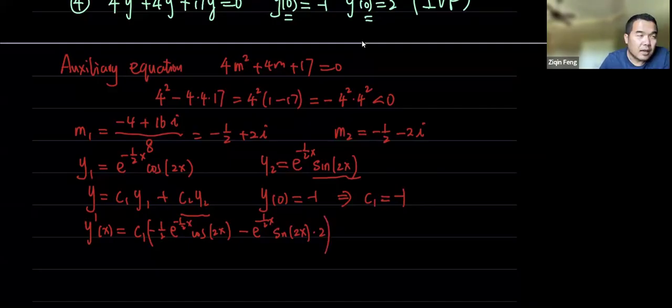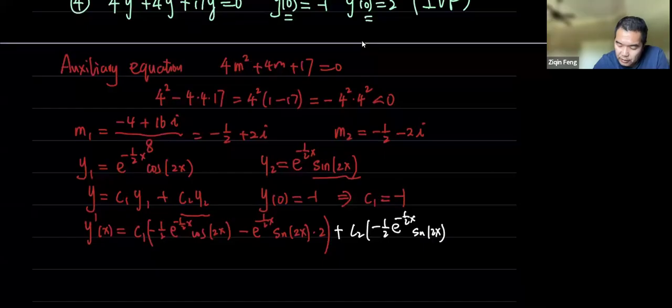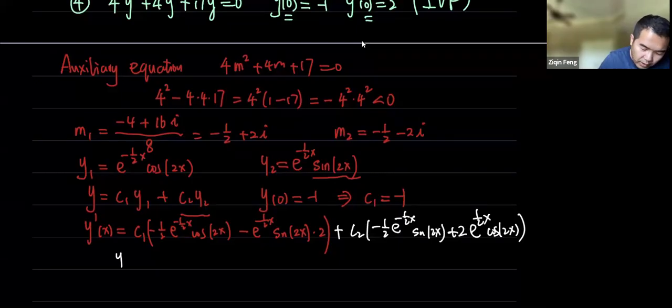The derivative of cosine is negative sine. And then plus c2 times y2 prime: negative 1 half e to negative 1 half x sine of 2x, sine of 0 is 0, that doesn't matter. Then plus 2 times e to negative 1 half x cosine of 2x, right? Chain rule.